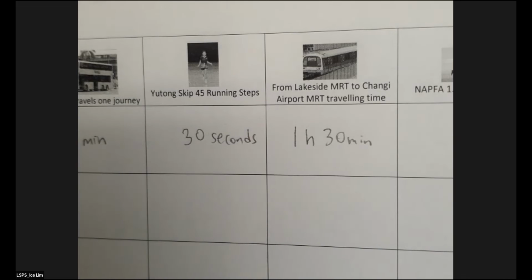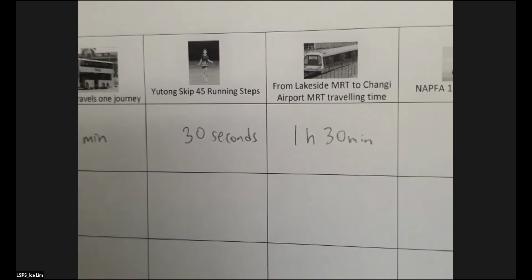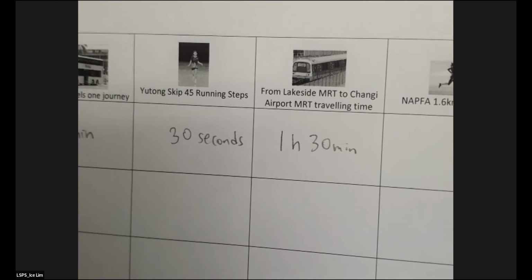So sometimes it's faster, 1 hour. Sometimes it's slower. If you go on a peak period, like some of our friends on the weekend traveling to Malaysia, you get trapped in the traffic at Tuas. You can go up to a few hours. Okay, you can share your stories with me later.